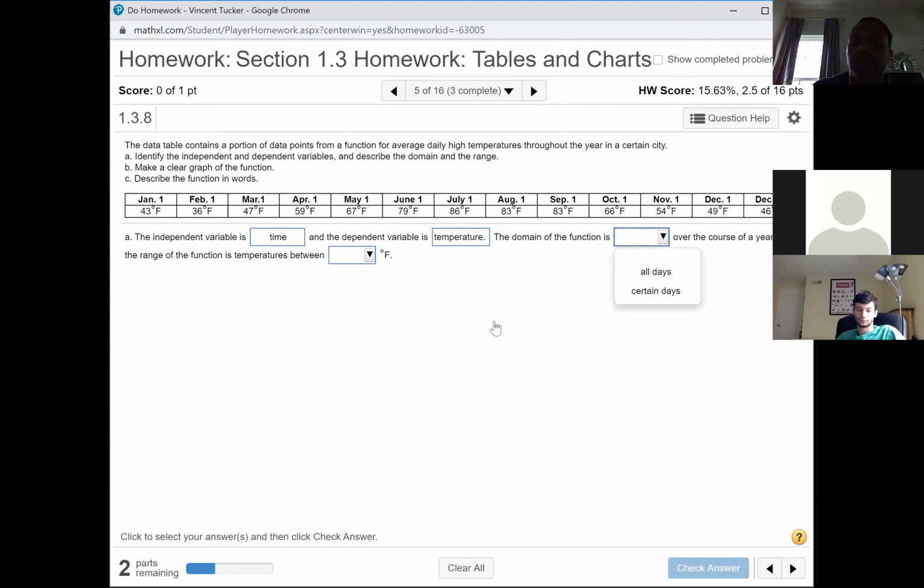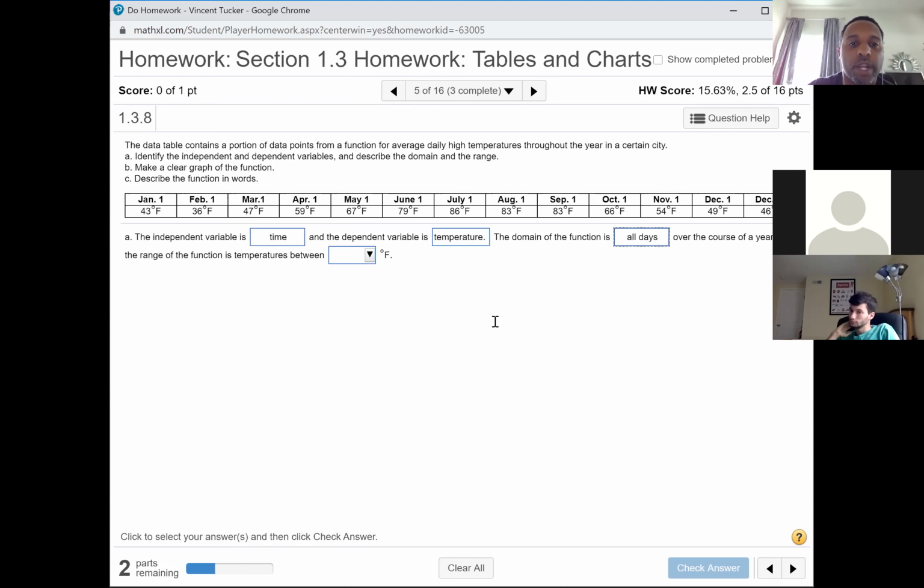The domain here is going to be all days. When I first did this problem, I thought that it was specific days, January 1st, February 1st, but the keyword is average, the average daily high. So I'm assuming that's what allows it to be all days, because we're talking about the average here. These numbers represent the average.